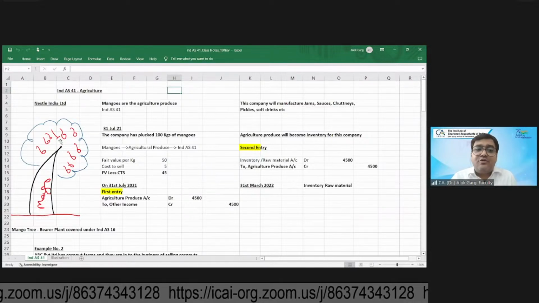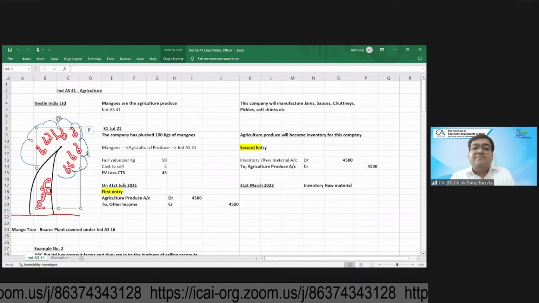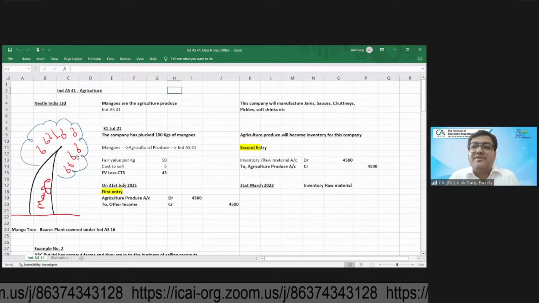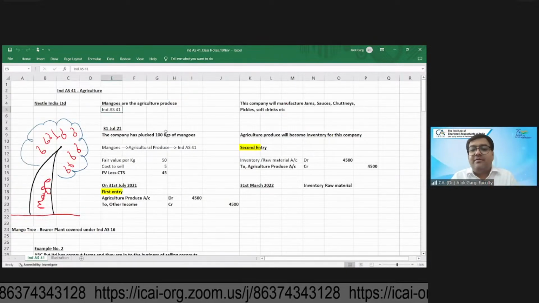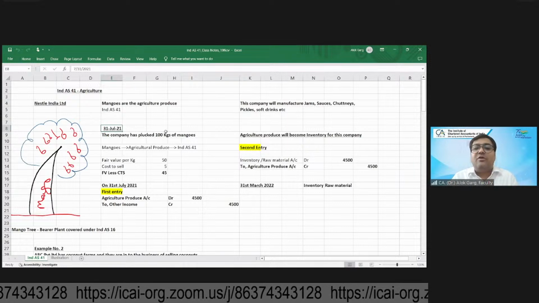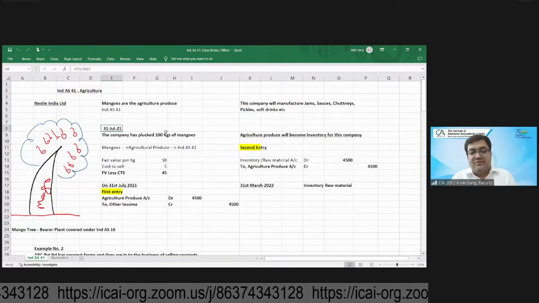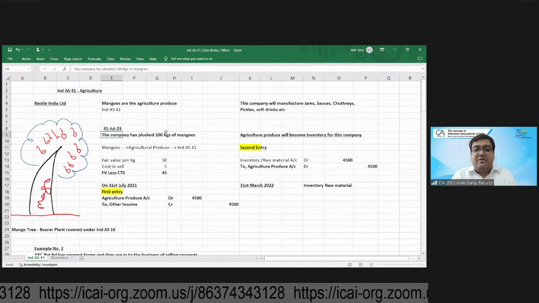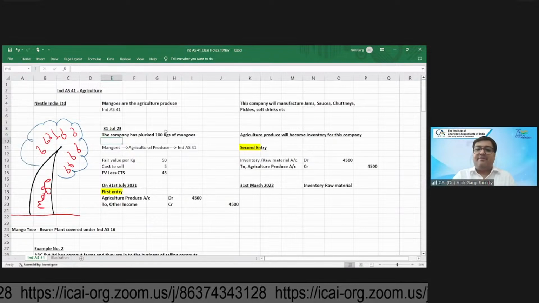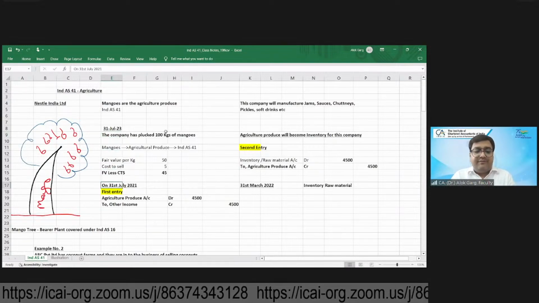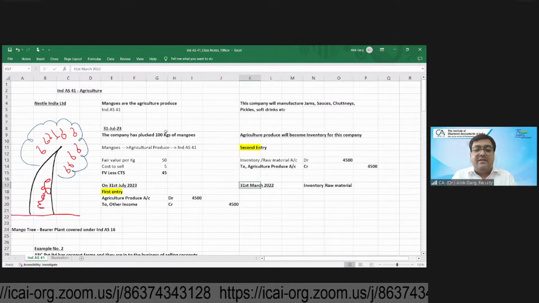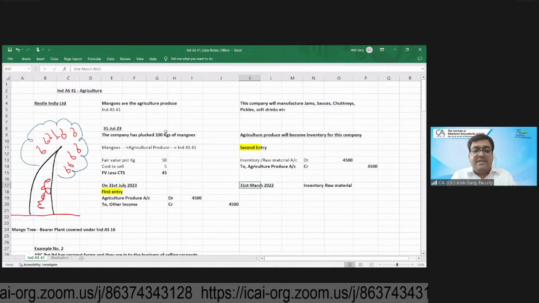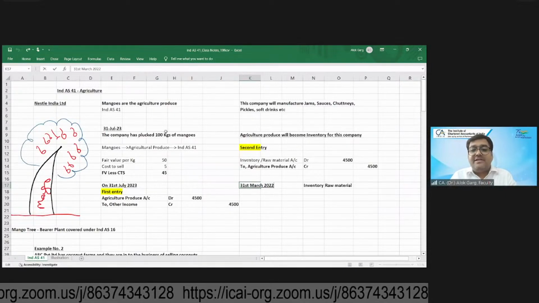But the mangoes lying on the tree are agriculture produce, so they are covered under Ind AS 41. For example, on 31st July 2023, the company has plucked 1000 kgs of mangoes.